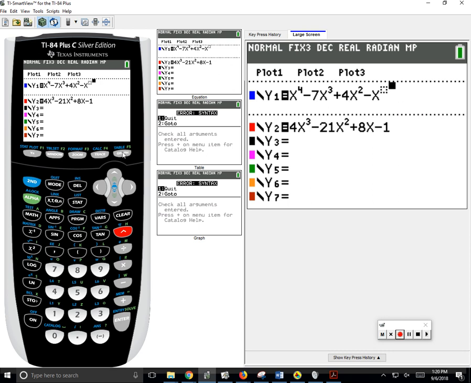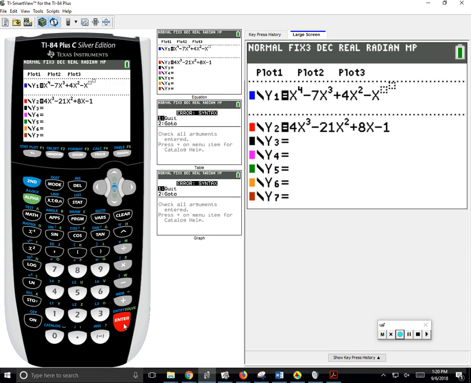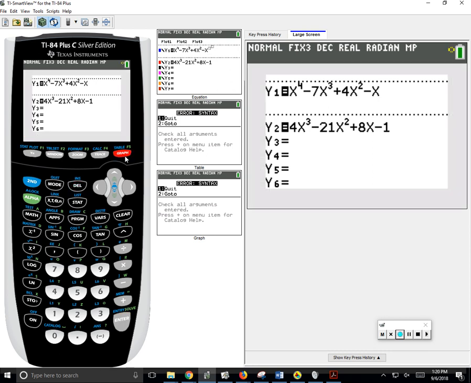But when you hit graph, the key thing to notice is I don't really pay attention to the message. The message hardly ever helps me. But I do notice that there's a go-to option. And when there's a go-to option, I want to use it. The calculator is pretty good at showing you where the error is. If you press enter, it's highlighting the problem. And then just delete, get rid of it. And then the graph will work.